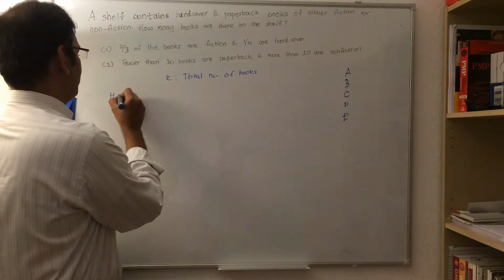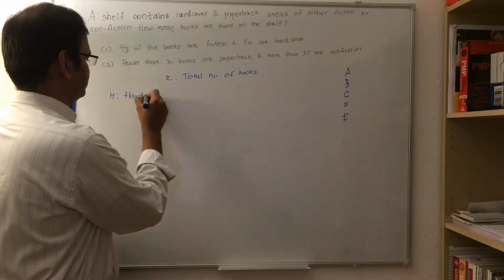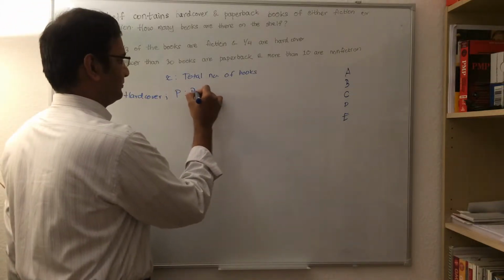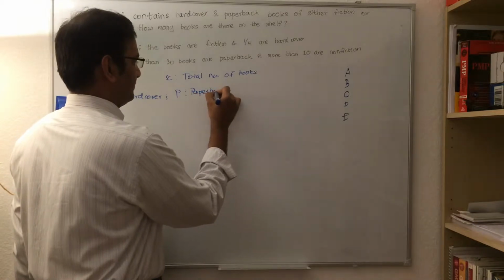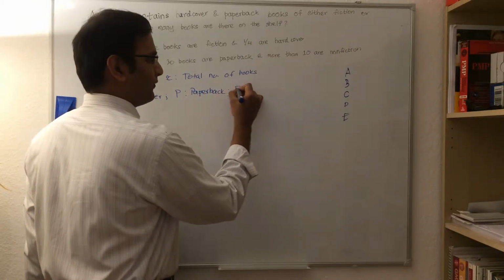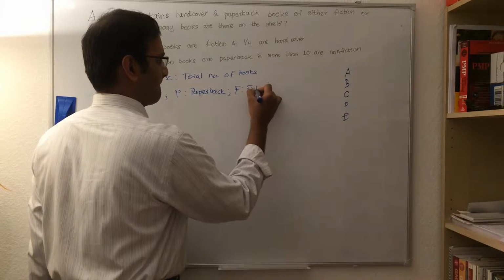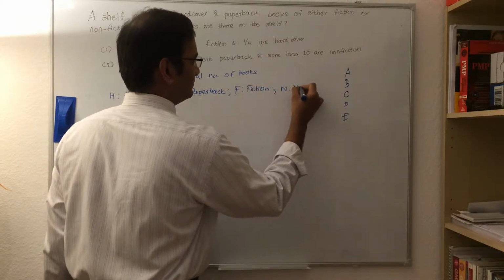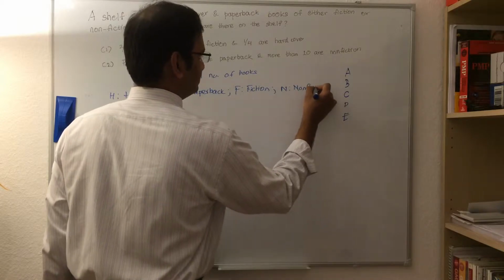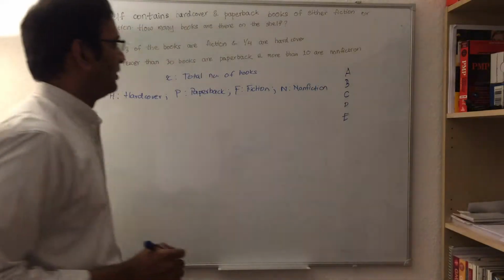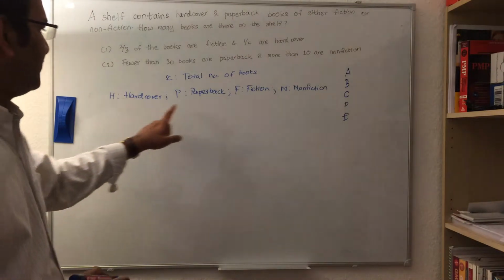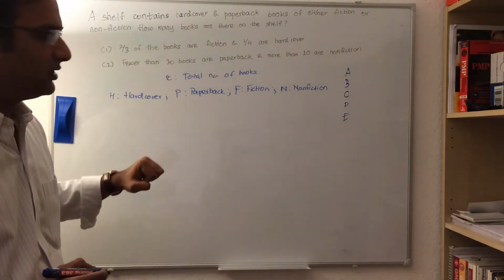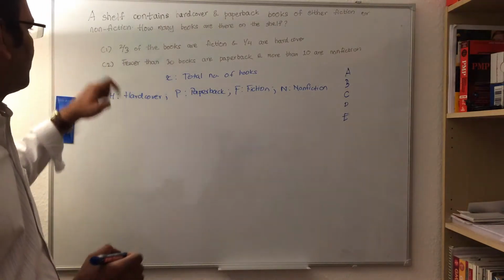So let's say H for hardcover, P for paperback, F for fiction, and N for non-fiction. Good. So using these four variables, we need to find out the unique value of x that will help us answer this question. So let us look at statement 1.